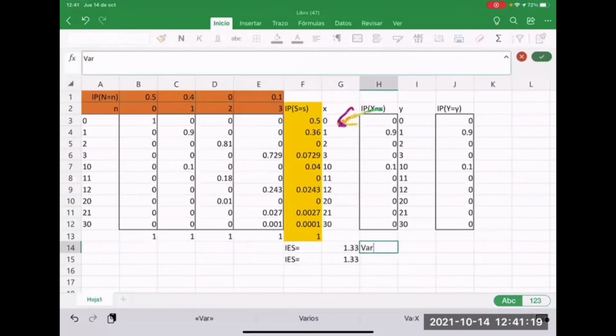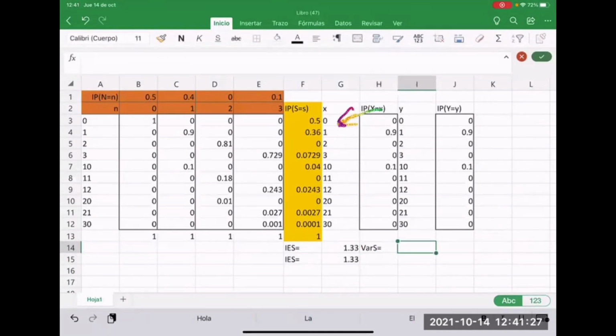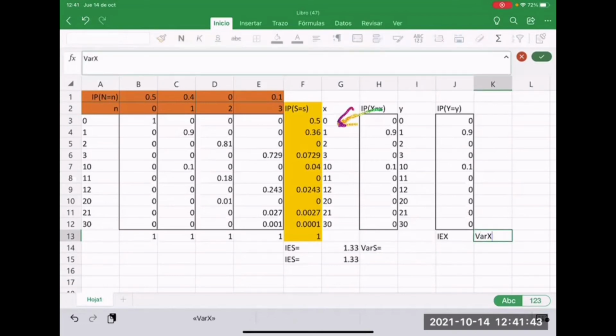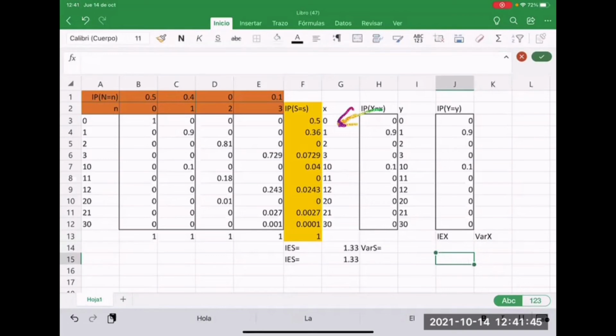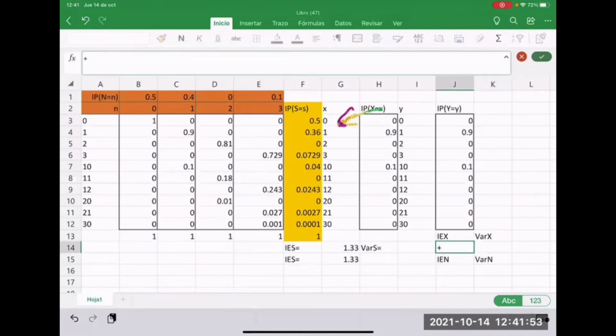Okay, now we need to compute the variance of the random variable S. In order to do that, we need to compute first the expectation of X, the variance of X, and also the expectation of N, and the variance of N. So what is the expectation of X?